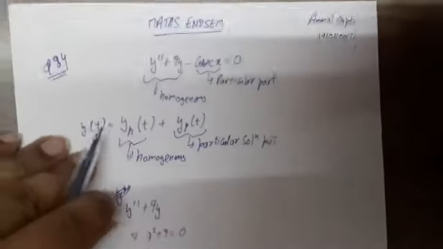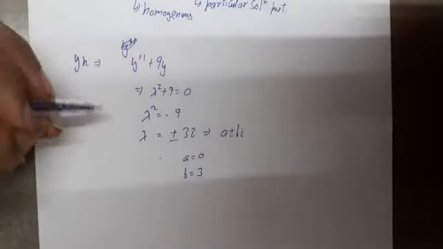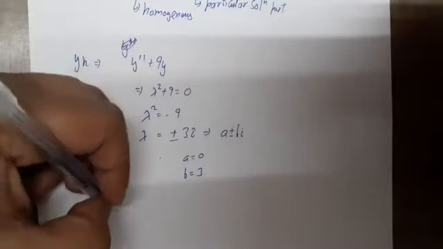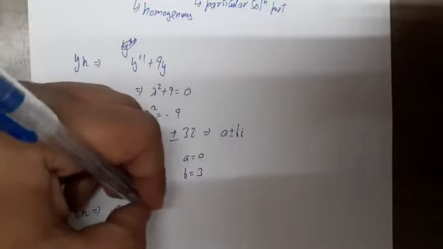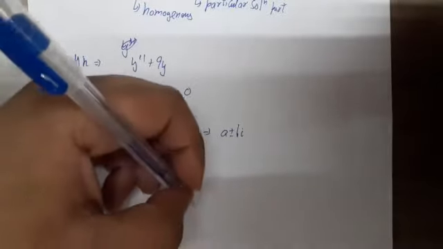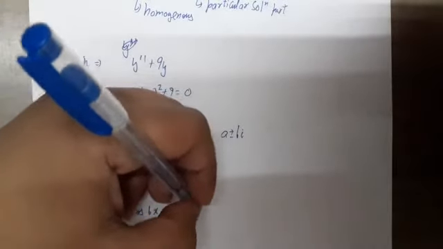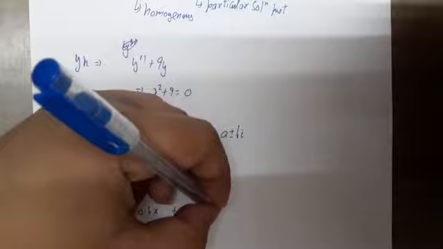Now since this is a trigonometric equation, for yh I have assumed the solution as c1 cos bx plus c2 sin bx.